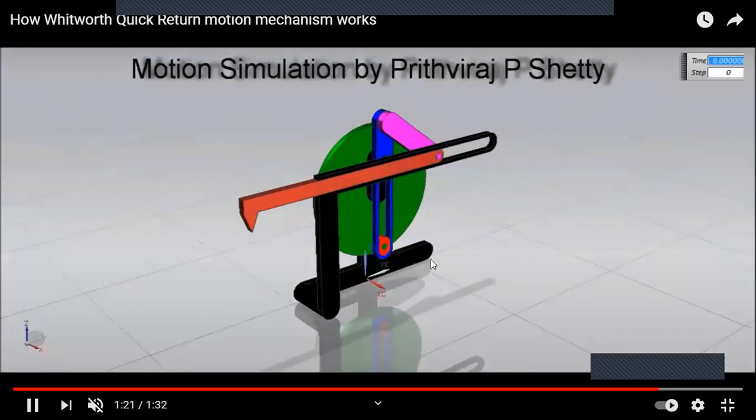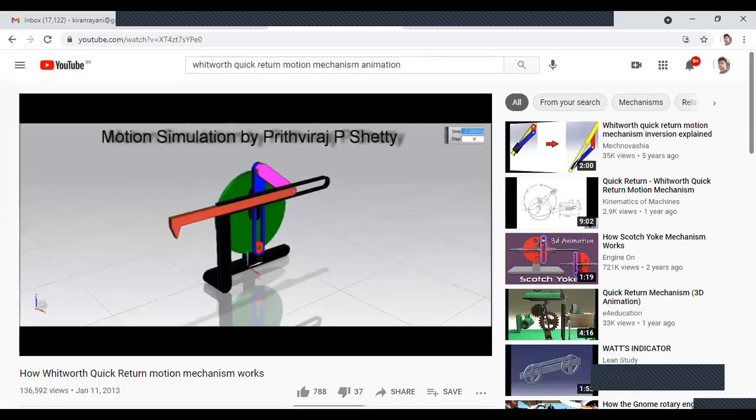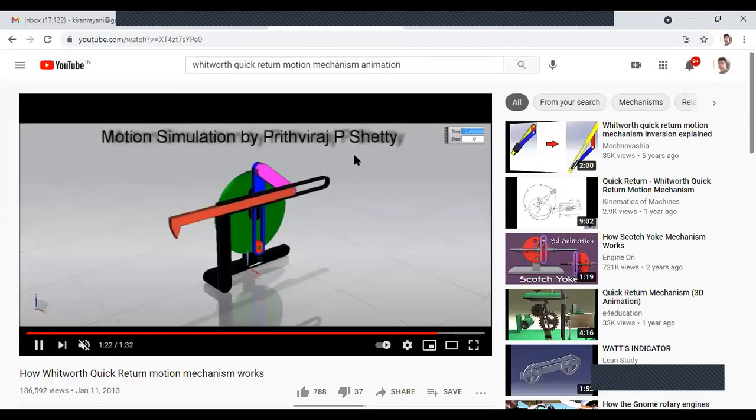So that is the working of the quick return motion mechanism of Whitworth.